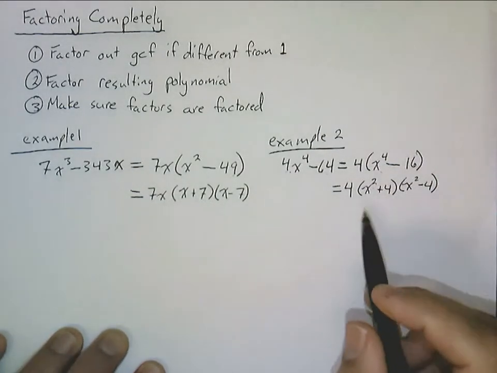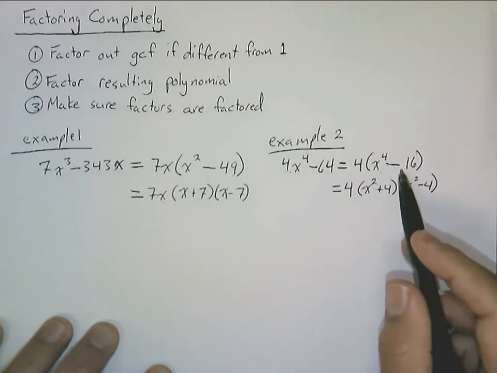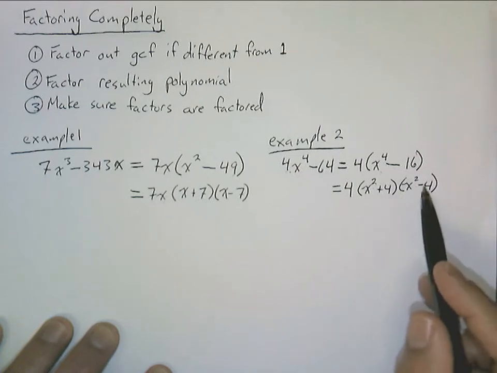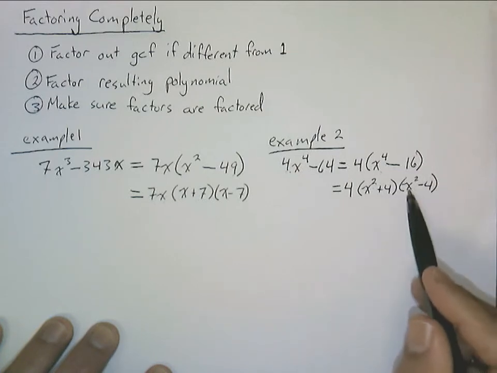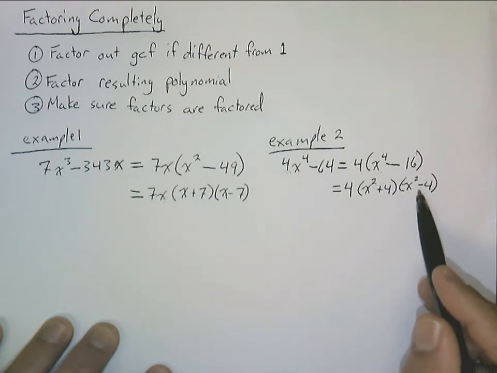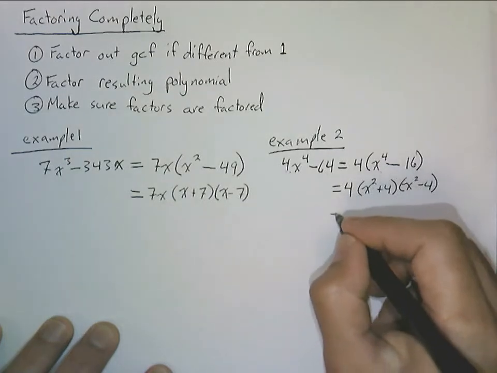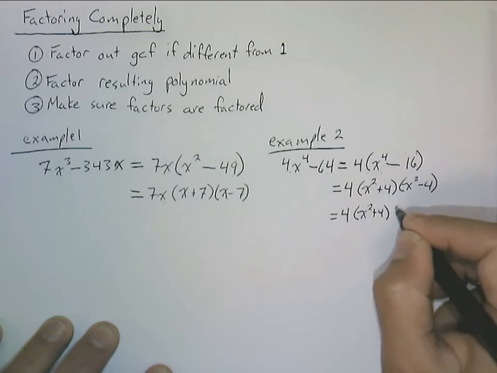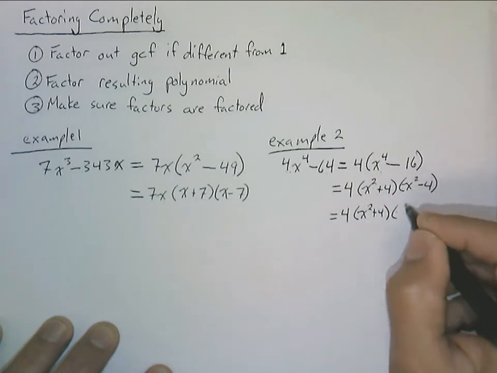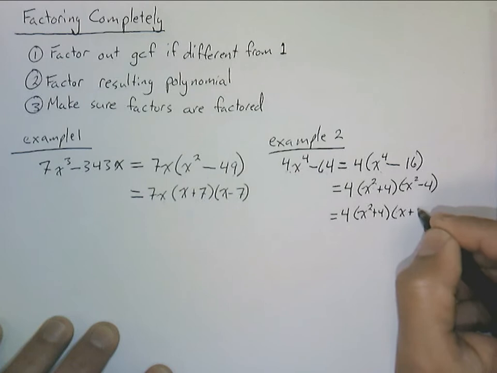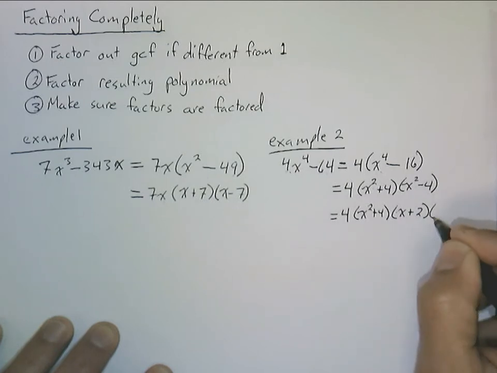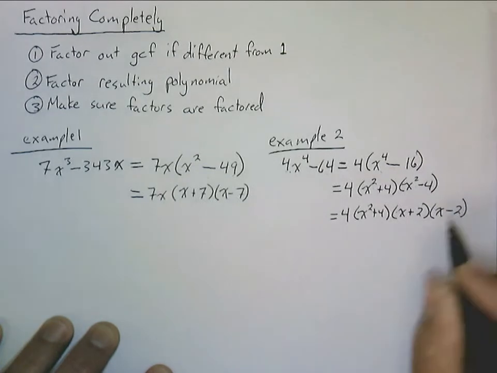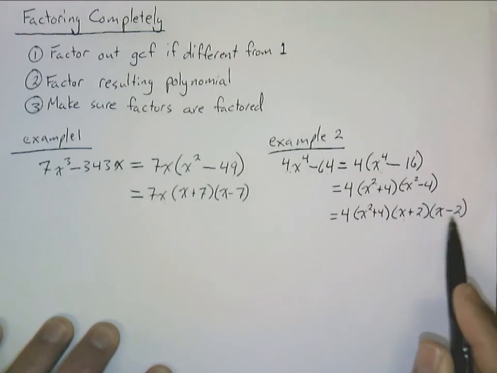And so now we've factored the resulting polynomial, but let's make sure that each of these factors is factored. Well, it turns out that x squared minus 4 is also a difference of squares, so we can factor this down more. The square root of x squared is x, and the square root of 4 is 2, so x squared minus 4 factors as x plus 2 times x minus 2.